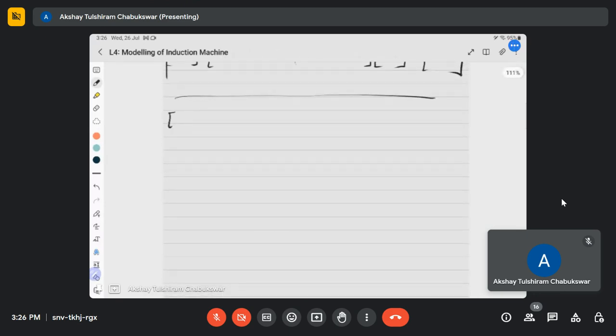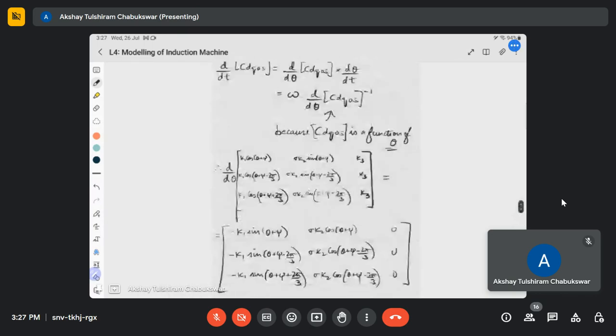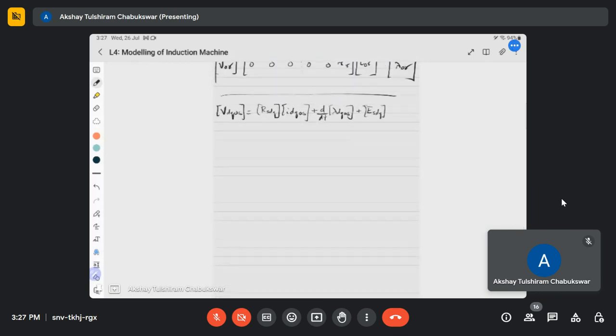So what you got is v dq0s equals some matrix Rs dq into I dq0s, plus d by dt of lambda dq0s, plus some matrix Es dq multiplied by lambda dq0s.